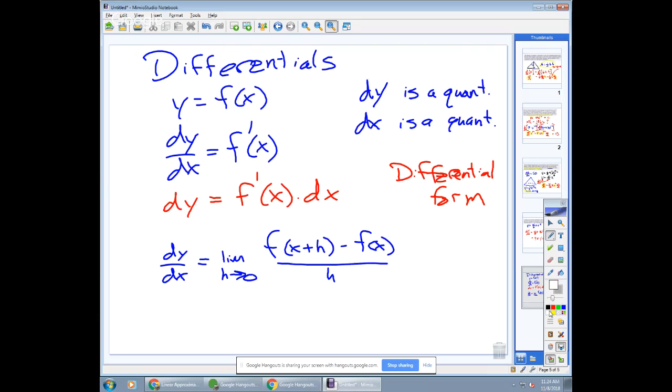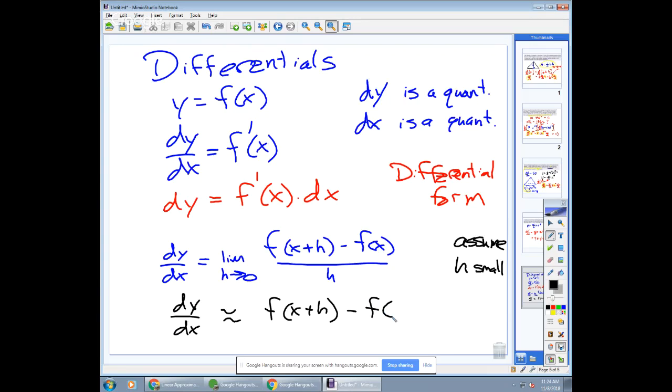If we make the assumption that h is a very small number, then we can say that dy dx is approximately equal to f of x plus h minus f of x all over h.